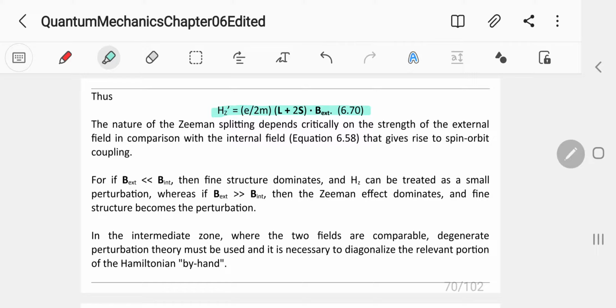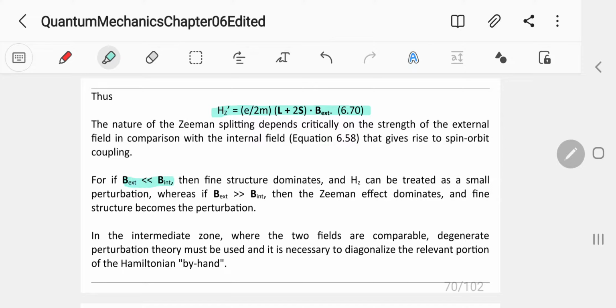In this zone, degenerate perturbation theory must be used, and diagonalization of a relevant portion of the Hamiltonian would have to be done by hand.